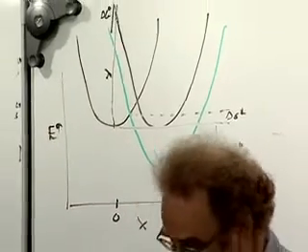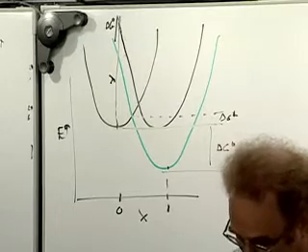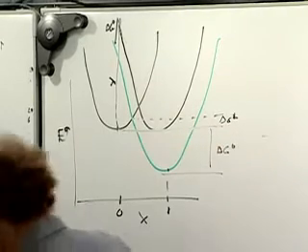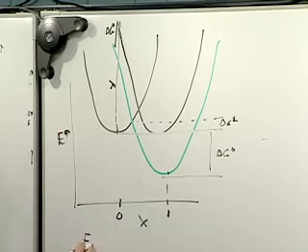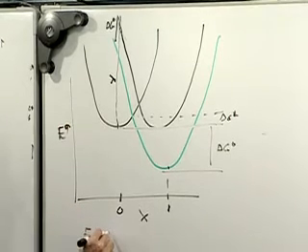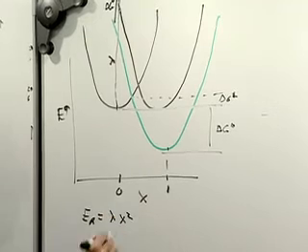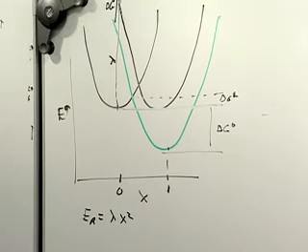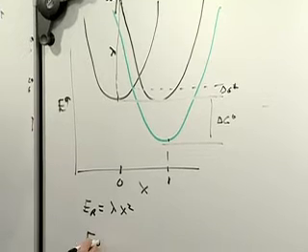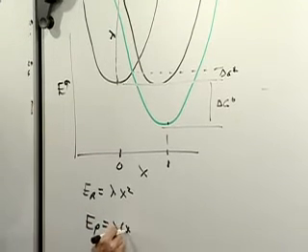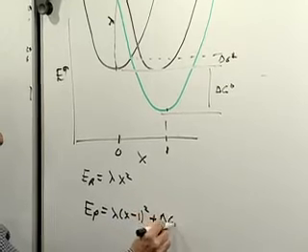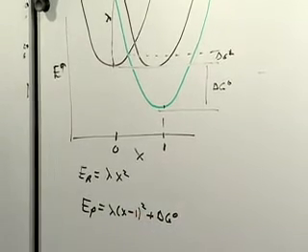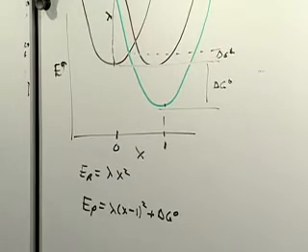And so how do we do that? We're going to say E of the reactants now is going to be lambda x squared. That's what we had before. And E of the products is going to be lambda times x minus 1 squared plus delta G0, because that's driven it down.